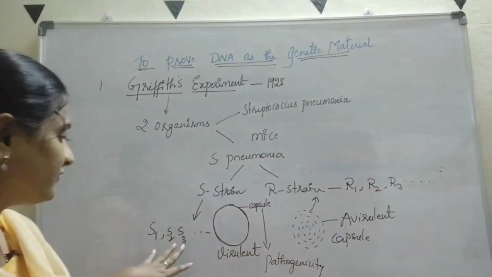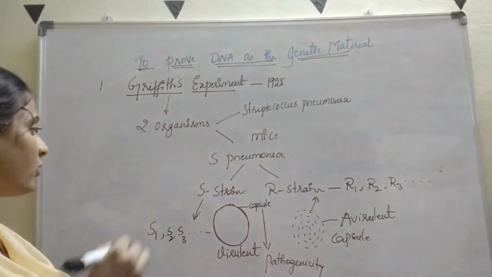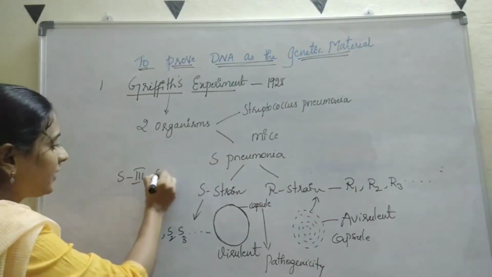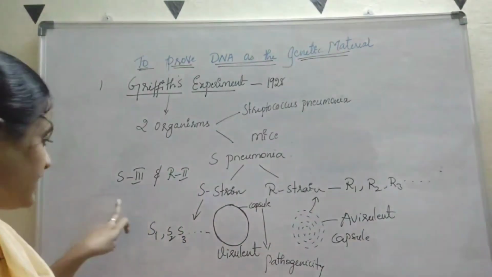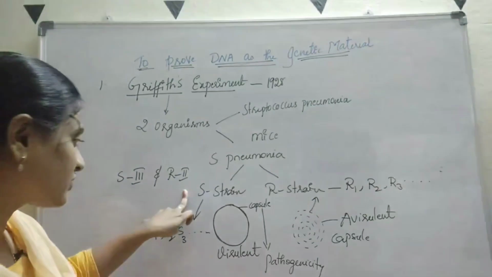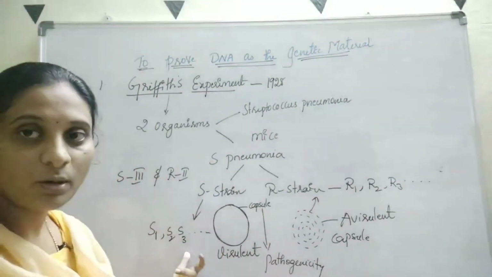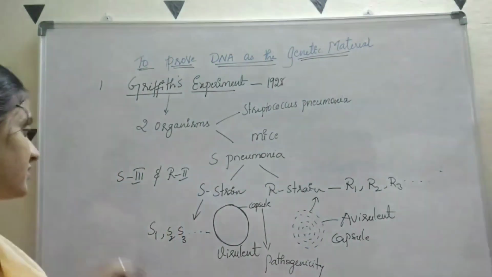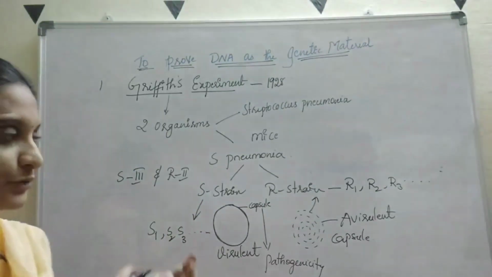Among all the different varieties of the smooth and rough strains, Griffith used one combination: S3 and R2 strains. He used the rest of the strains also, but the final result came with these two strains, S3 and R2.